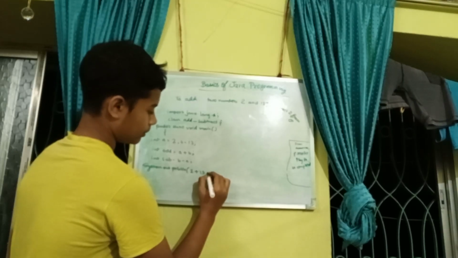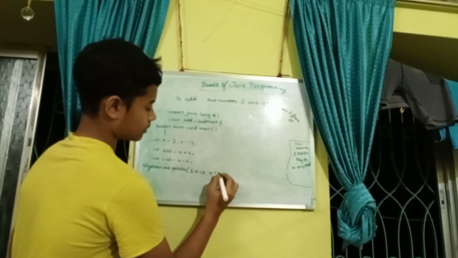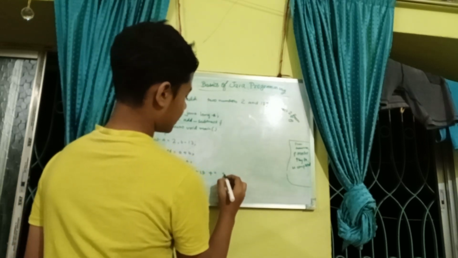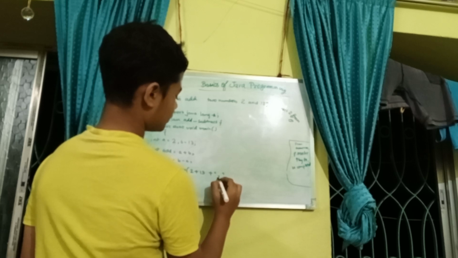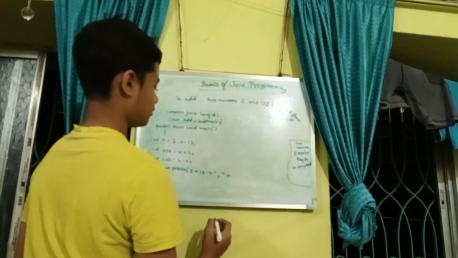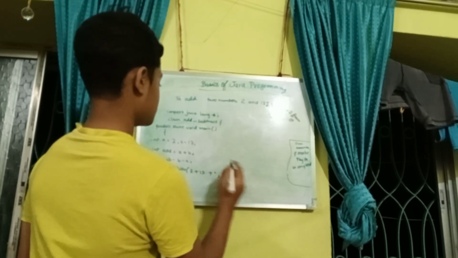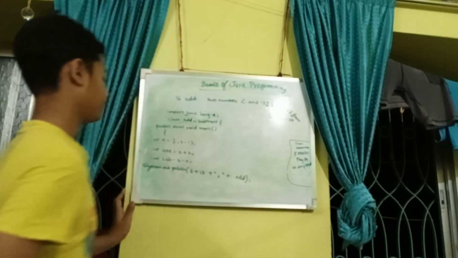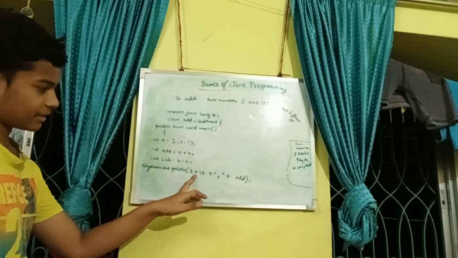Then after placing one gap, plus, again giving a gap, just putting a comma again here, add, done. Here the result will be the same.